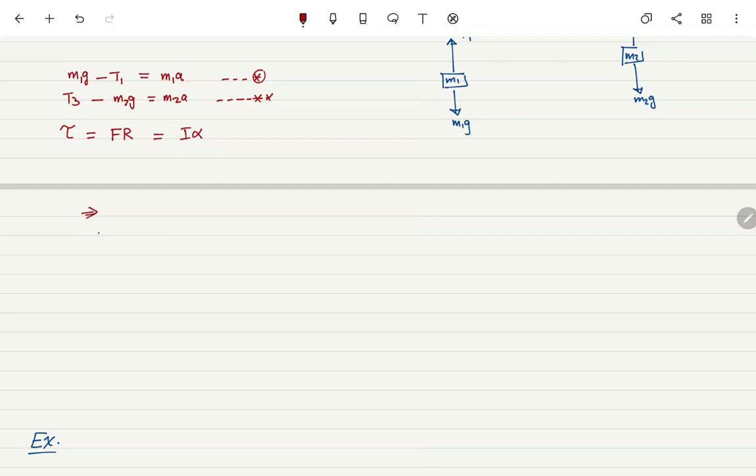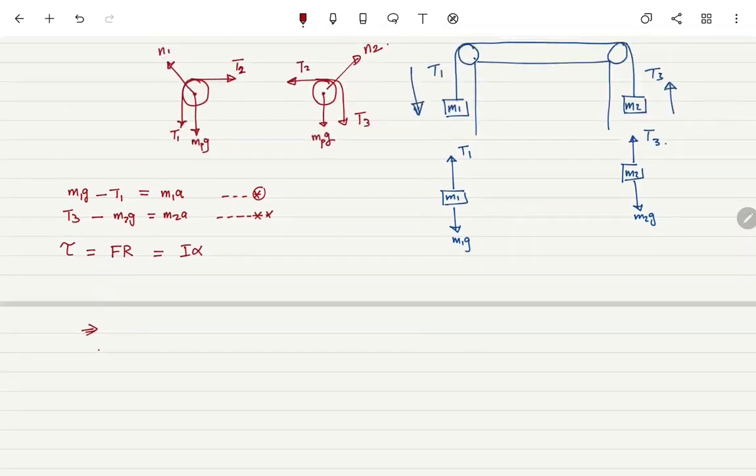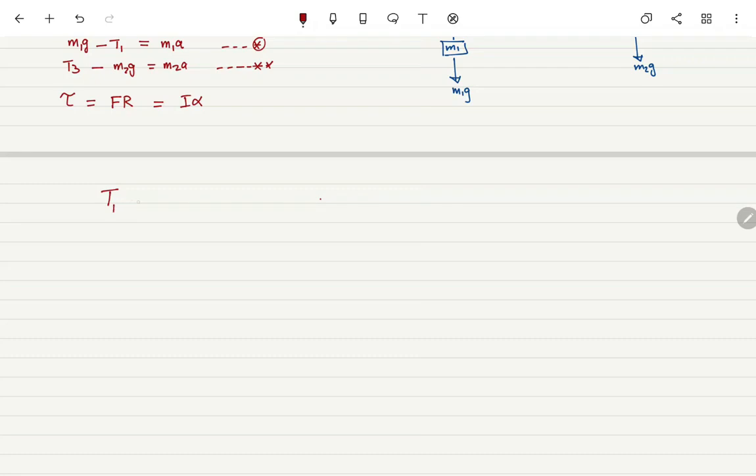The net torque for pulley 1 is equal to (T1 minus T2) times R equal to I alpha, and (T2 minus T3) times R equal to I alpha. So this is the third equation, and this is the fourth one.